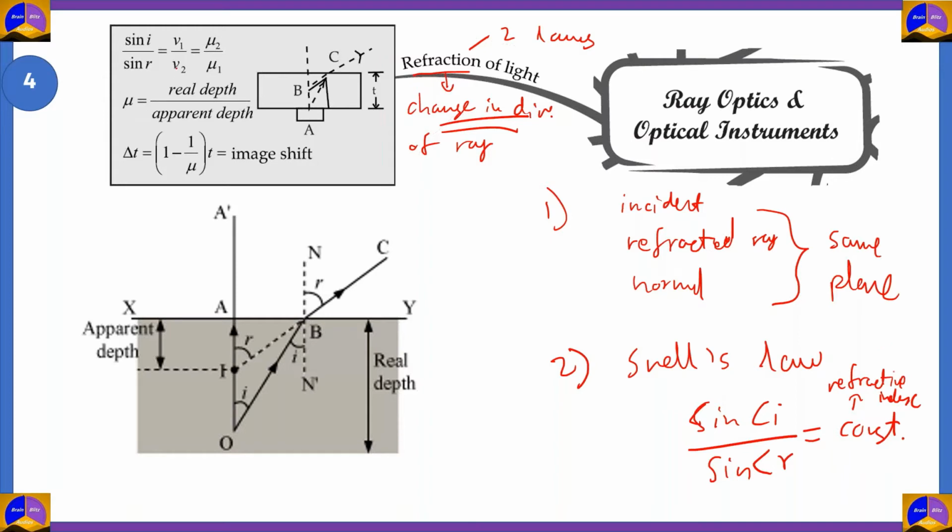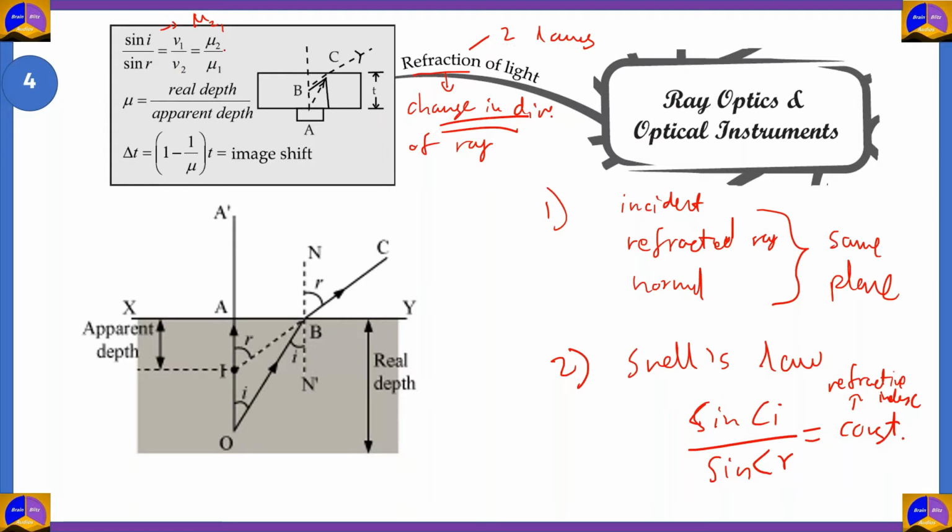So sin i by sin r is equal to mu2 1, that is the refractive index of medium 2 with respect to medium 1. So mu2 divided by mu1 will be the value of sin i by sin r. And refractive index can also be found as the ratio of the speed of light in both these media. So mu2 by mu1 can also be written as v1 divided by v2.